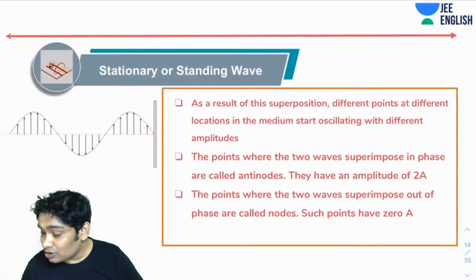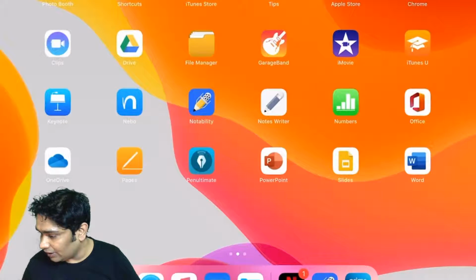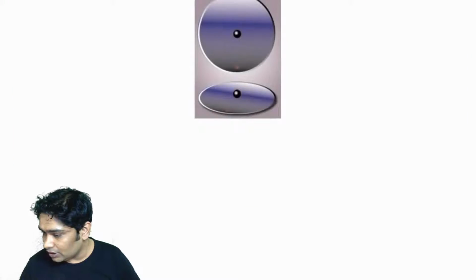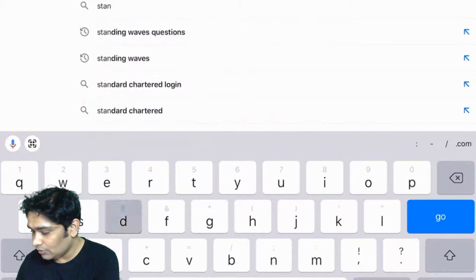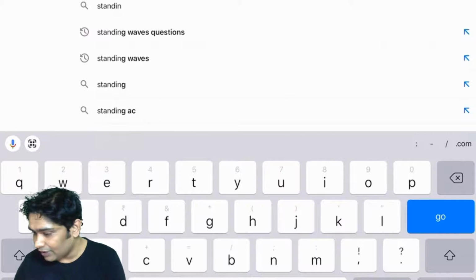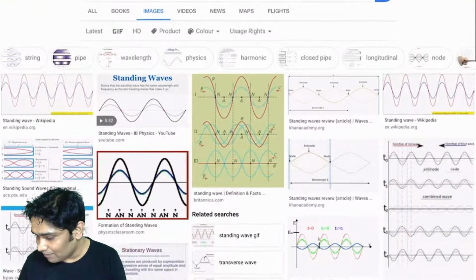All right. So here this was supposed to be a GIF. Let me try and Google that if I can find that GIF online, so that you get a good idea about what is actually happening.